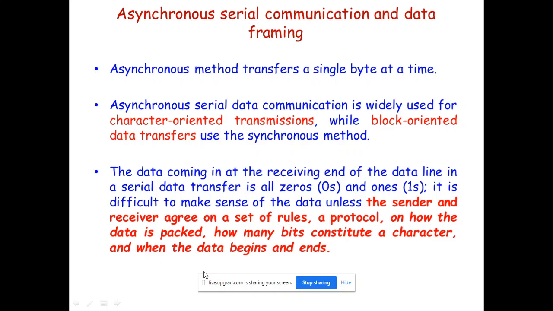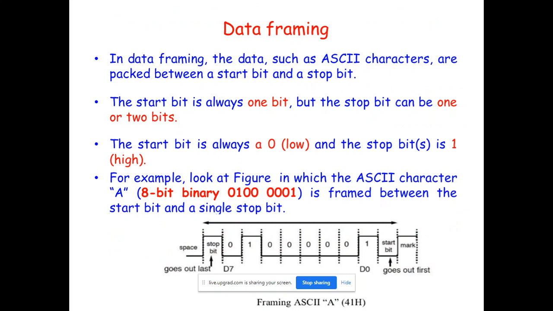Because asynchronous means you can send anytime, you must convert data into a package by adding a start bit and stop bit. Means the frame is constructed, and then that frame is transmitted from one device to the other. Now, the data framing structure.